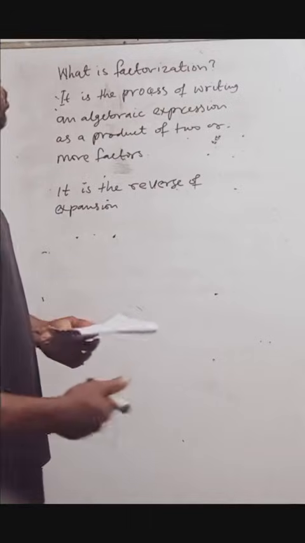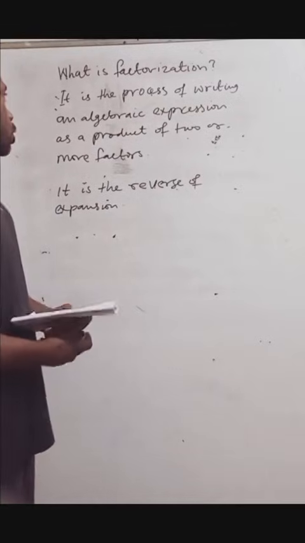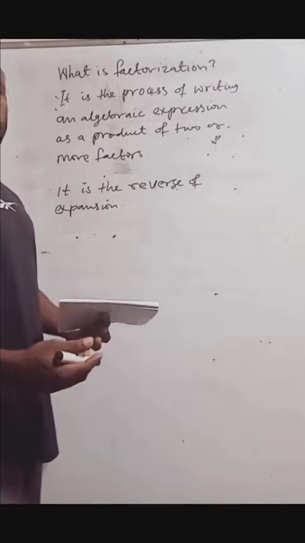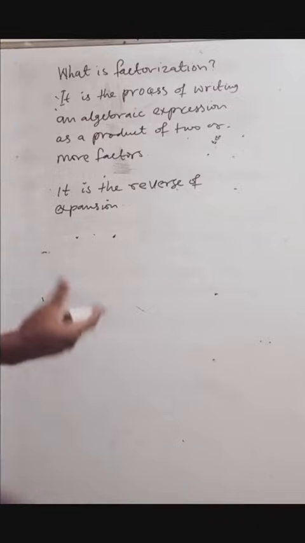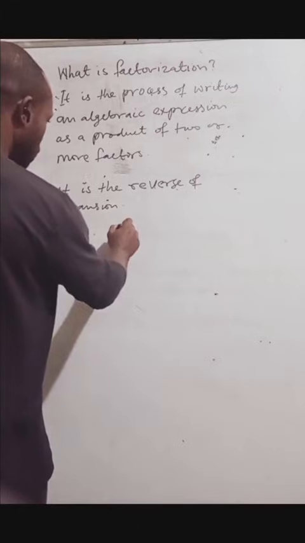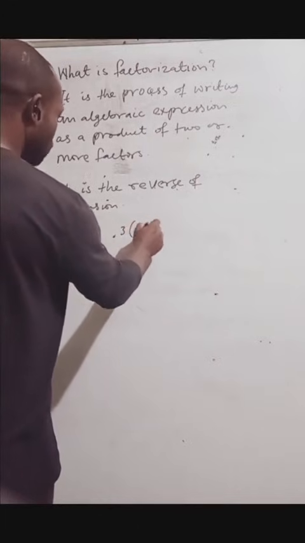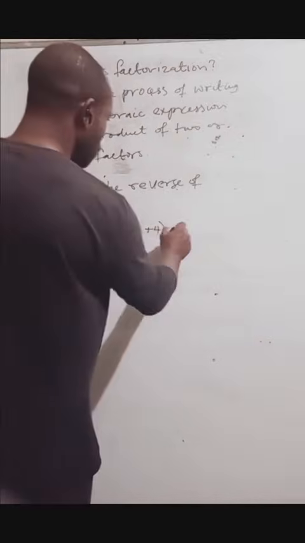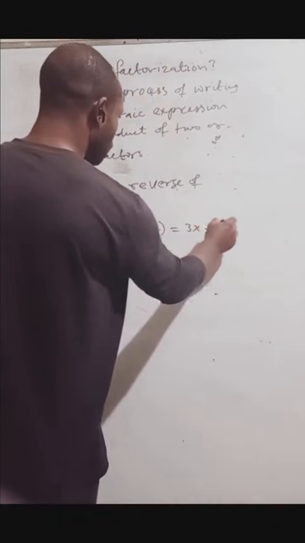Factorization is a process of writing an algebraic expression as a product of two or more factors. So let's look at this example. 3 multiplied by x plus 4 is equal to 3x plus 12.